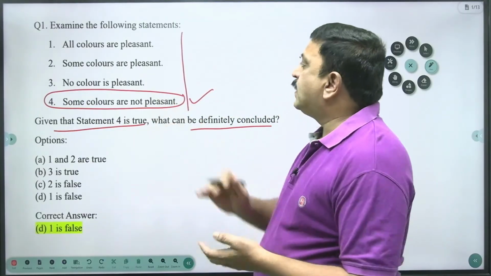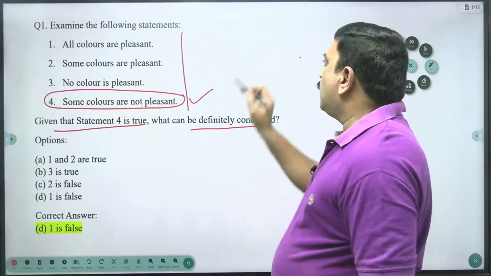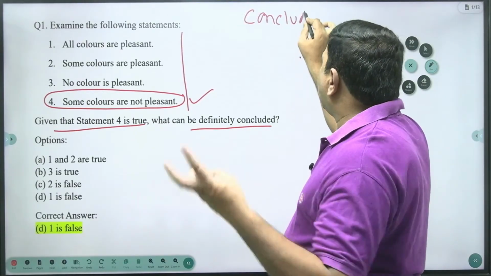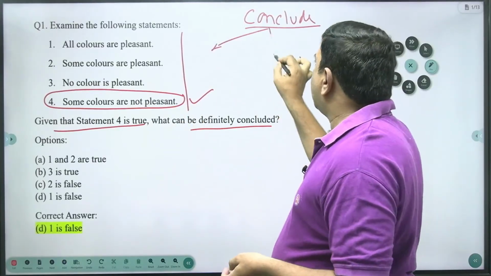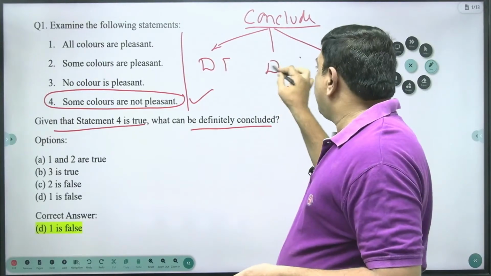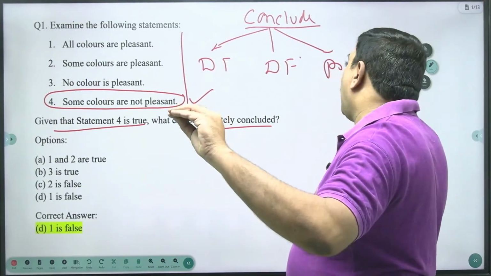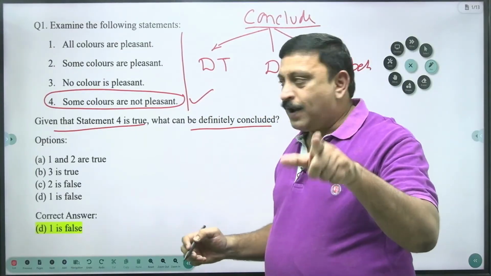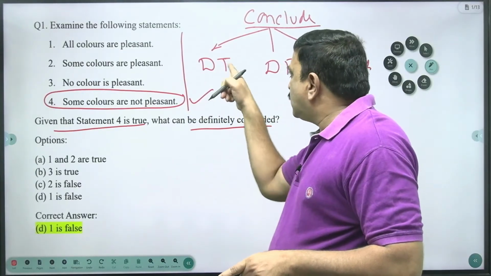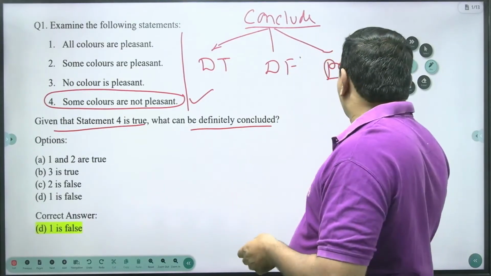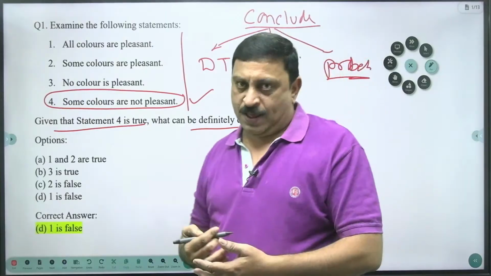But whenever you are concluding something from a statement, there are 3 varieties: one is definitely true, the other is definitely false, and the other one is a probability. Everybody knows about this one, but everybody leaves it out. The other one is a probable thing.